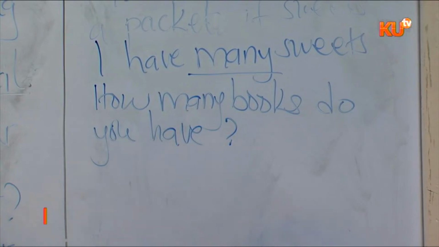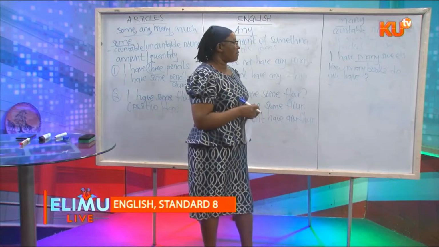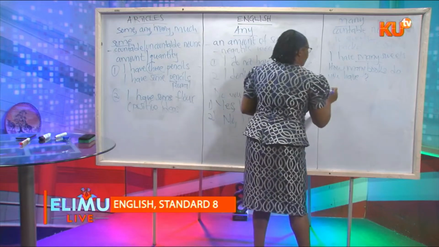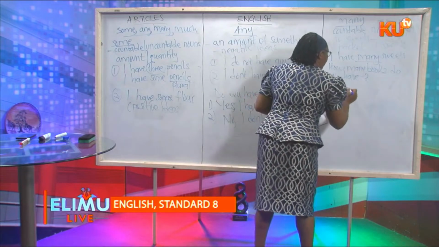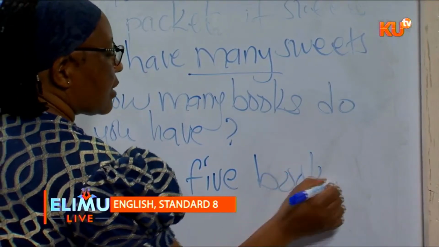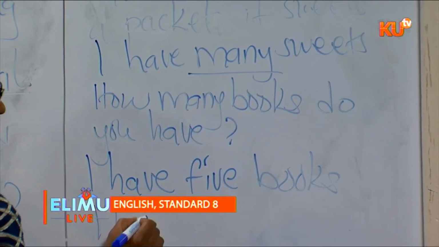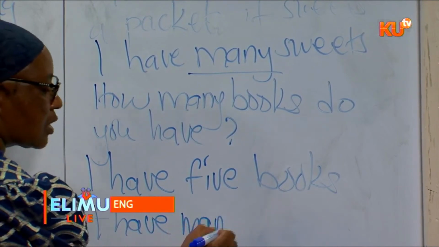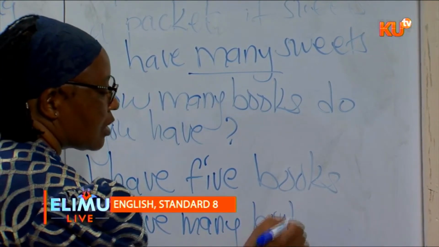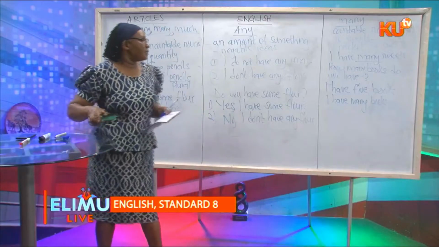The answer can be, you can give the specific number of the books that you have by saying, I have 10 books, I have 5 books. Sometimes the number may not be specific, so you say, I have many books. So that is the use of determiner many.